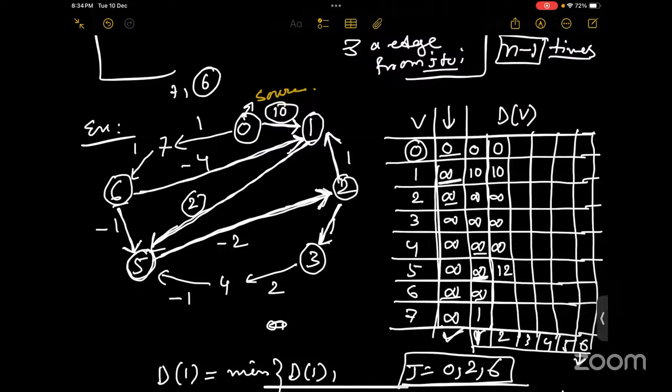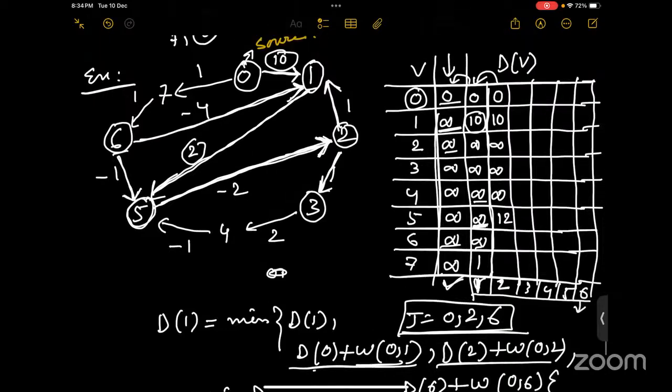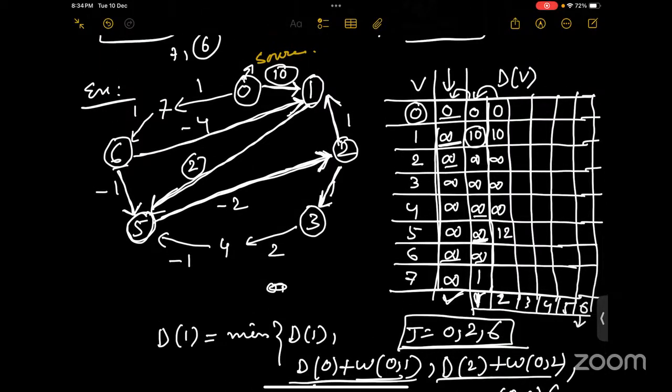Because we are at step 2, that means our column 2, we are taking the data from the previous column. In the previous column, the distance of 1 is 10. That is why we can take the distance as 10. But for the first column, in the previous column, the distance of 1 was infinity. So in that case, we cannot take 10. So whenever we use the definition, the data will be collected from the previous column only.